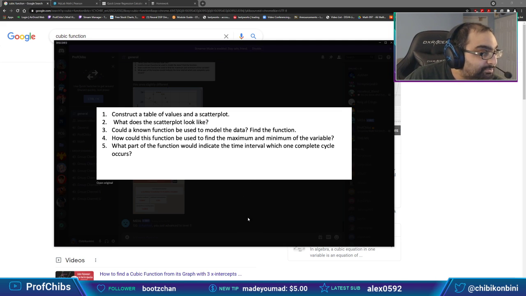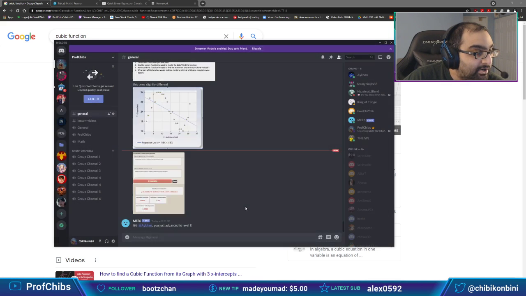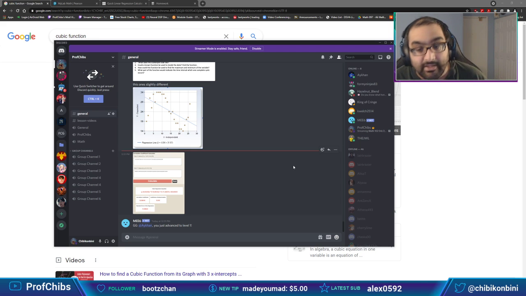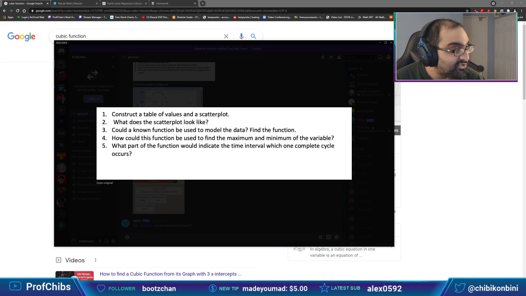How could this function be used to find the maximum or minimum of the variable? Well, you can use the cubic function here to find the local max or local min. So if you find the local maximum and local minimum of the function between 1 and 26, the answer here to number 4 specifically is to find the local max and min of the cubic regression function.